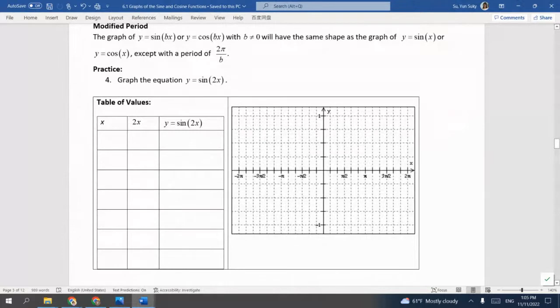So here, instead of x, we have 2x in the inputs. Usually let's call this theta. So this is like sine theta. Right? So theta is 2x. In this case, how do you draw it?